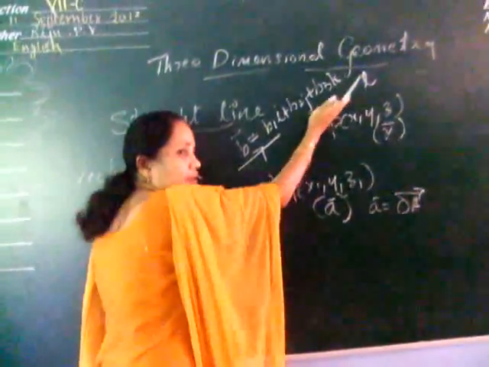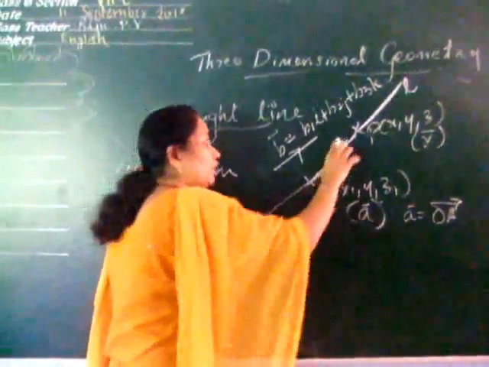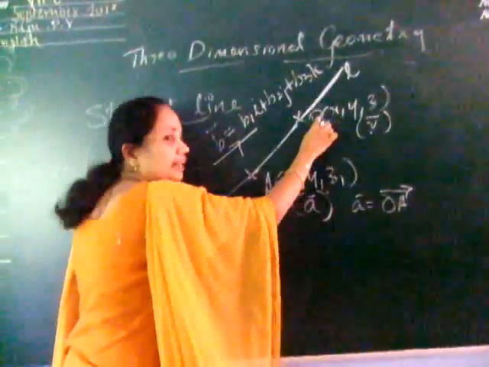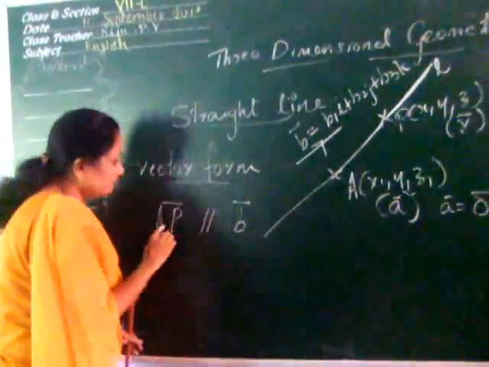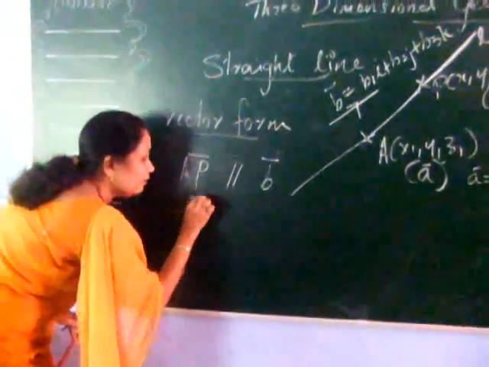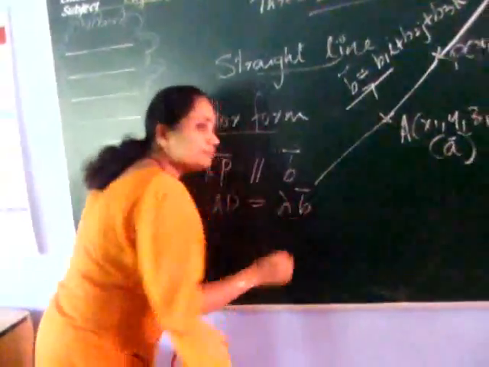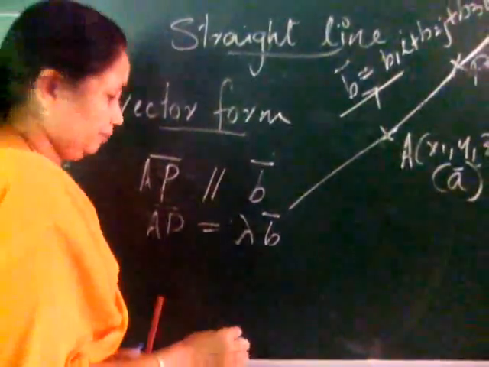The given required straight line is parallel to the vector B. Therefore, when you consider any 2 points on the line, consider the vector AP. So AP will be parallel to vector B. So when AP is parallel to vector B, according to the condition, AP is equal to lambda into vector B.